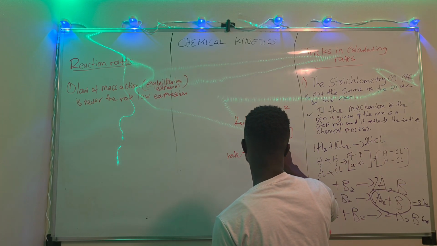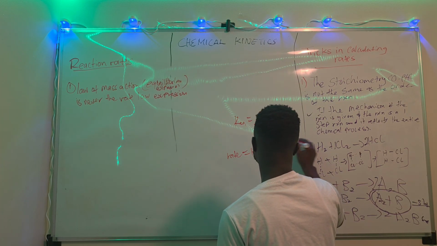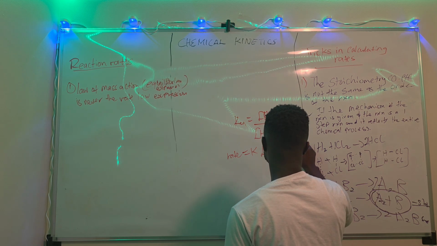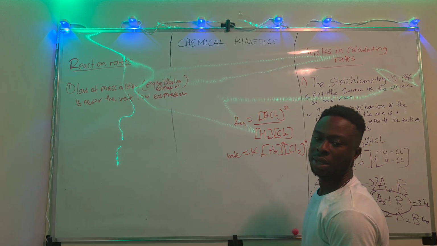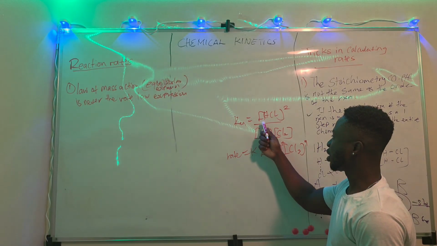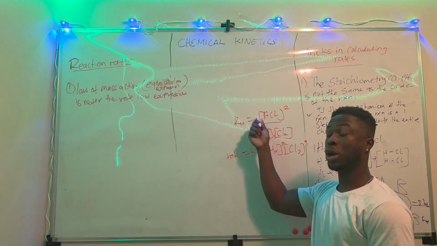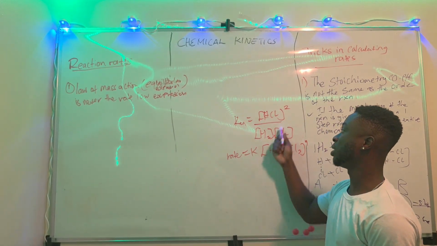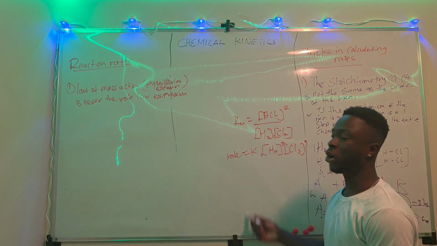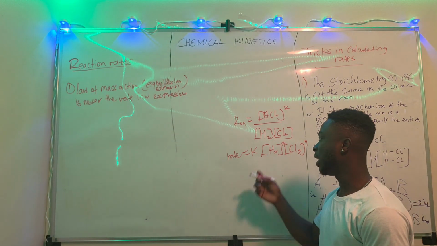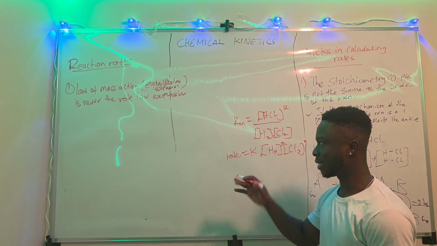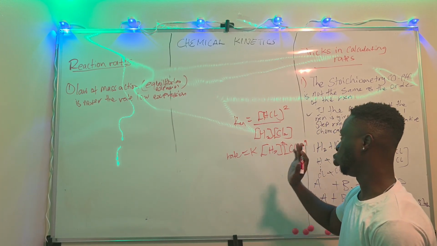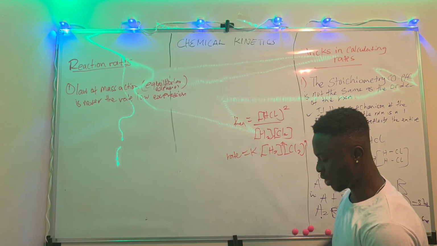If I'm doing it per the reactants, it's going to be K times H2 to the X and Cl2 to the Y. So this expression is never this, though they might look similar because they all have concentrations, or if it is gas, then partial pressures. But if they are similar, they are not the same. So do not mistake the equilibrium for the rate law.